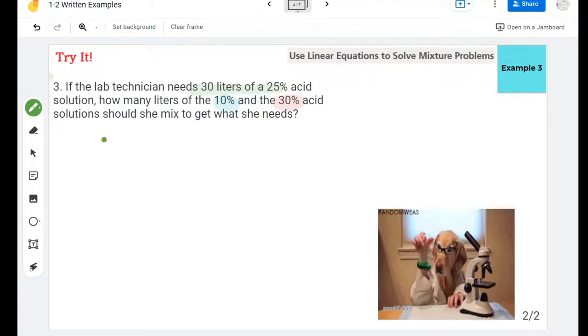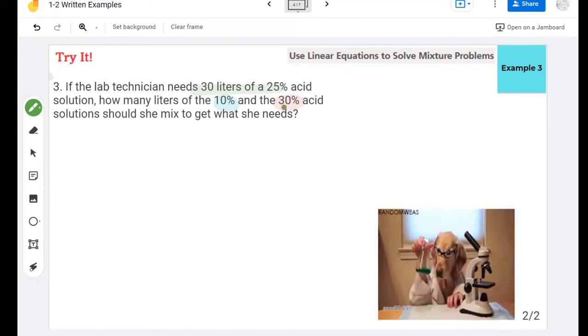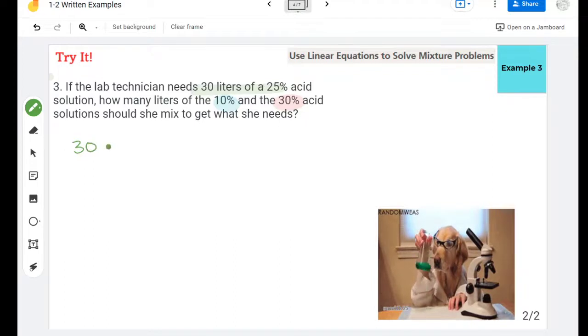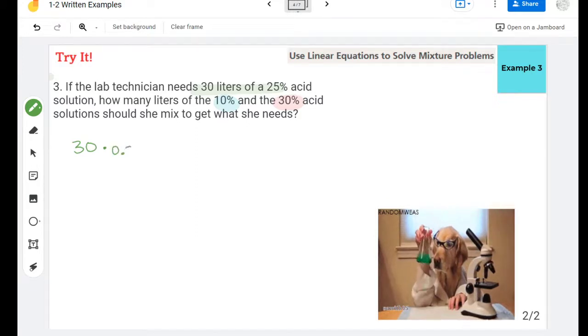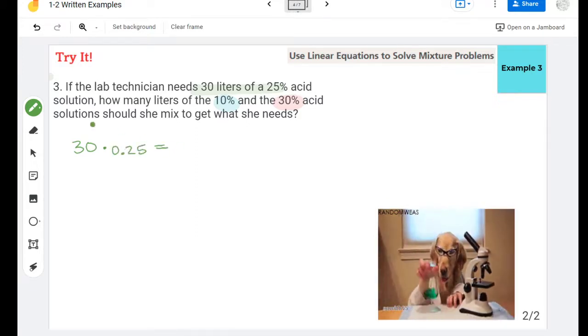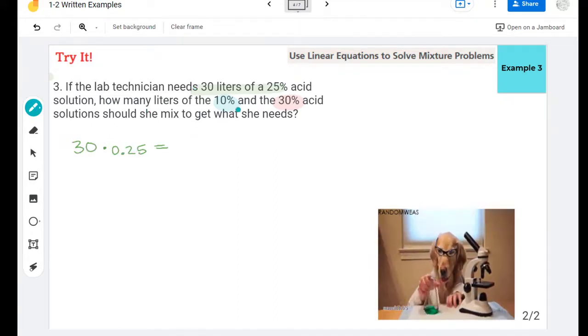All right, so first I'm going to set the green equal to the blue plus the red. So 30 liters times 25% acid is 0.25. So there's my number of liters times the percentage of acid. And again, I'm adding the red and the blue together.